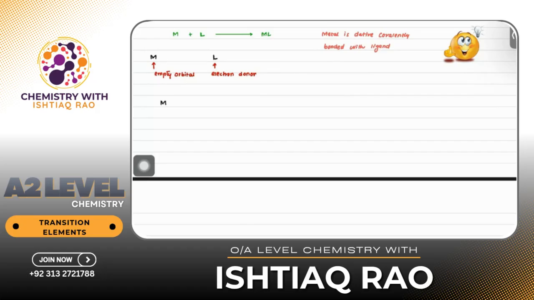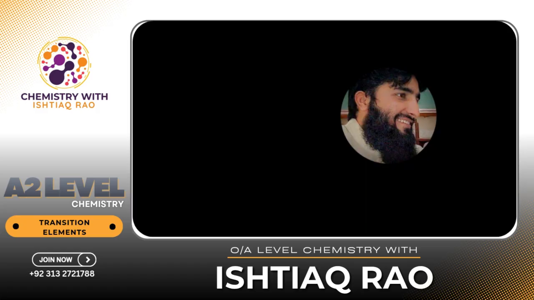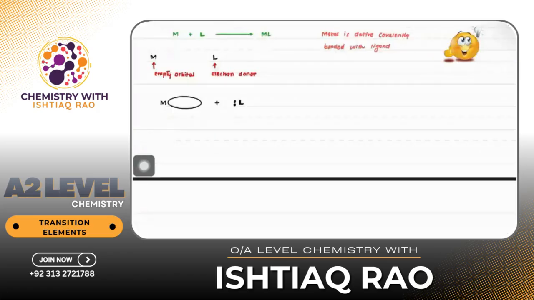It's an empty orbital of M. This is a ligand having a lone pair of electrons. I'm going to share my screen. This is a ligand having a lone pair of electrons donated to this empty orbital.